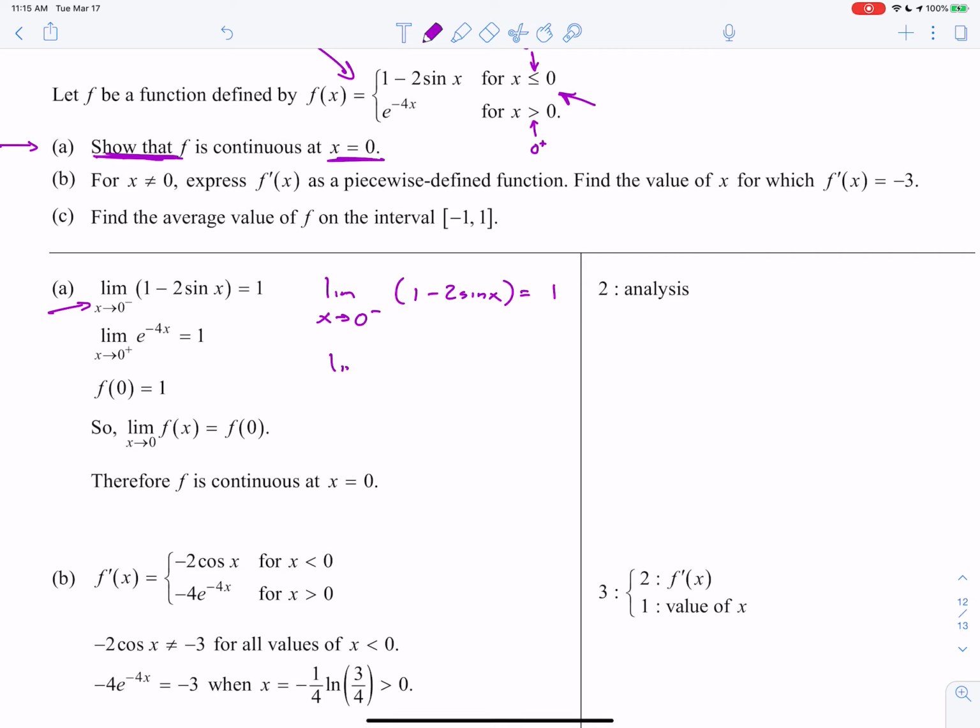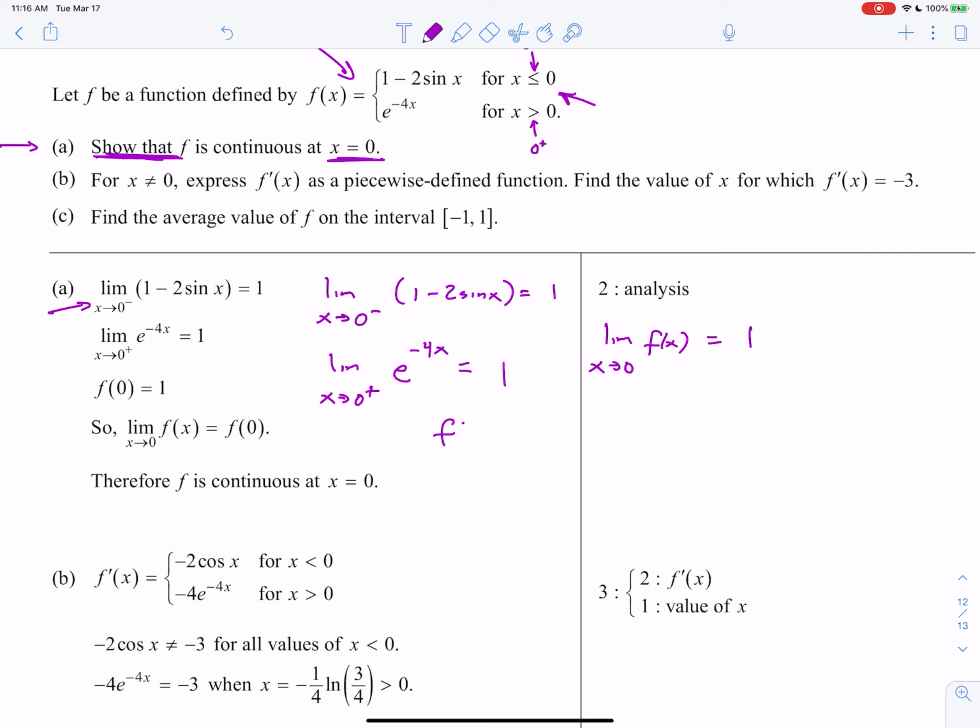If I'm finding the limit as x approaches 0 from the right, I'm looking at that e function. If I plug in 0 here, I also just get 1 because e to the 0 is just 1. So I notice that they're equal, so I'm going to state that the limit of f of x as x approaches 0 equals 1, okay?